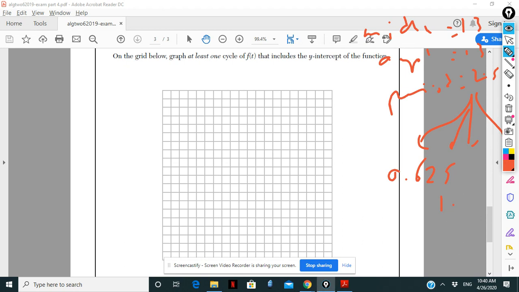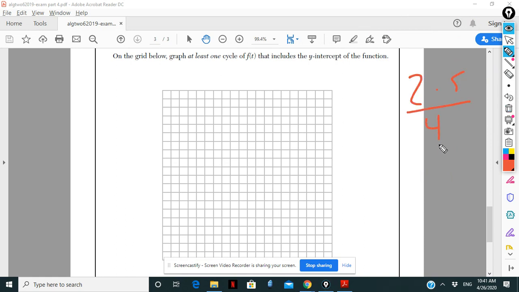2.5 divided by 4 is 0.625. After that 1.25, after that 1.875, the last one at 2.5.